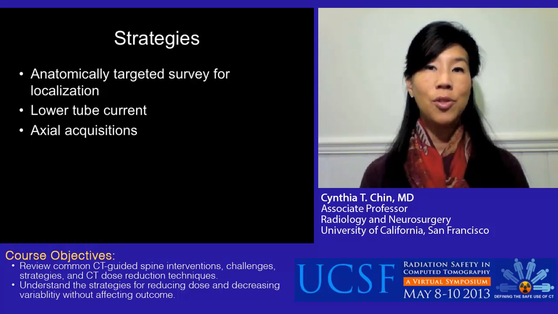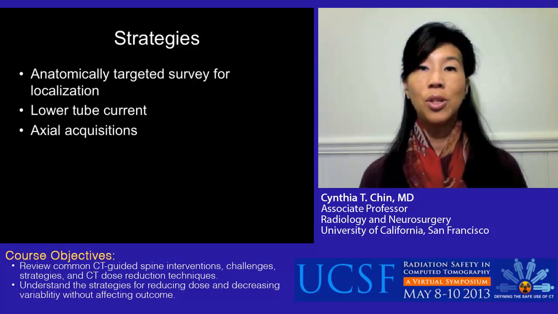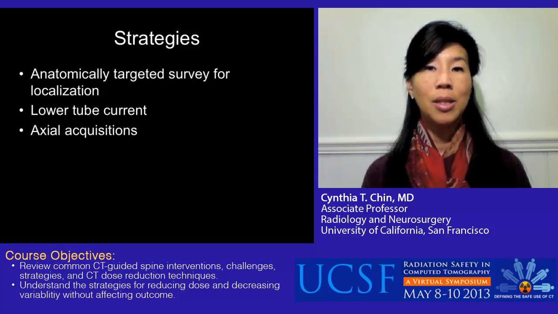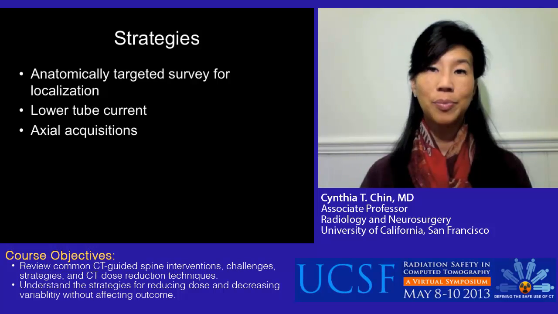Second is to lower the tube X-ray current. And the third is, instead of using helical acquisitions, to use axial acquisitions that then will prevent the overranging or the overlapping that can result in unnecessary exposure for the patient.